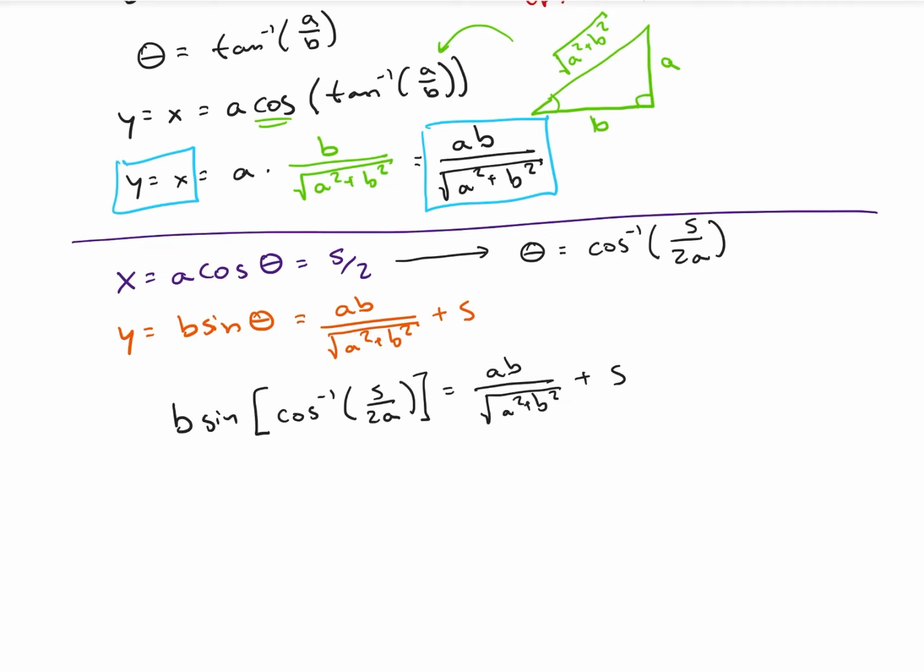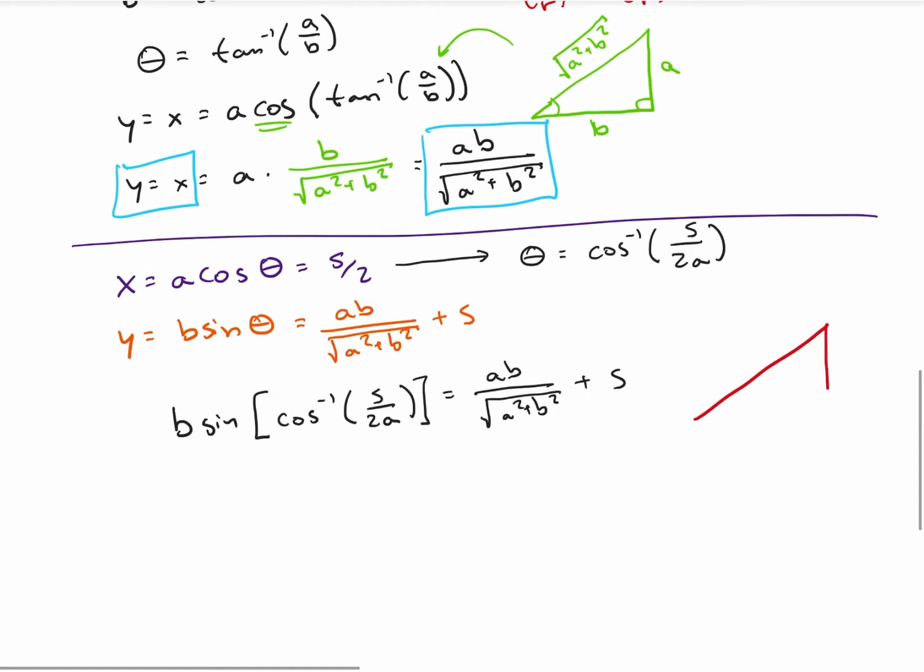So what am I going to do here? Well, let's create a fun little triangle again. Let's look at this new triangle and solve for what our theta is going to be. I have cosine as s over 2a. So what is my opposite going to be? Well, by the Pythagorean theorem, it's going to be the square root of 4a squared minus s squared, and that's going to be that side over there.